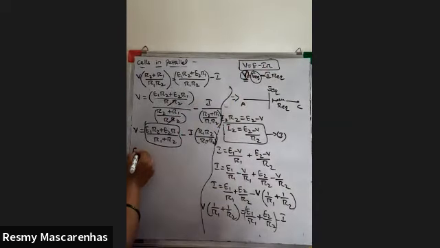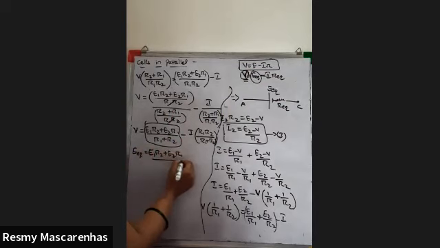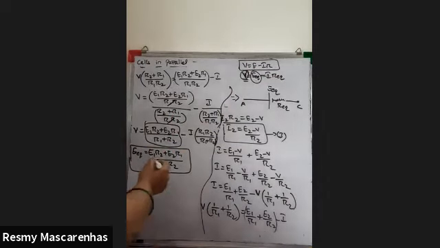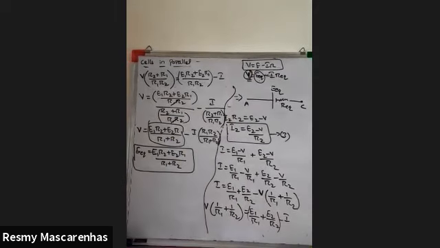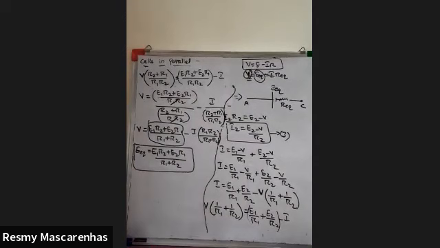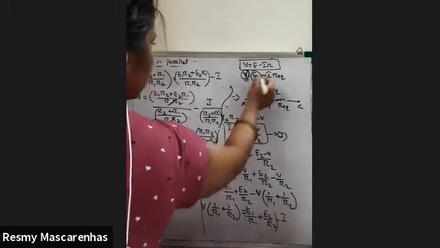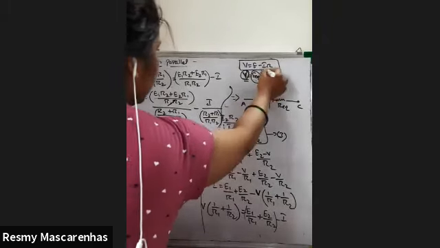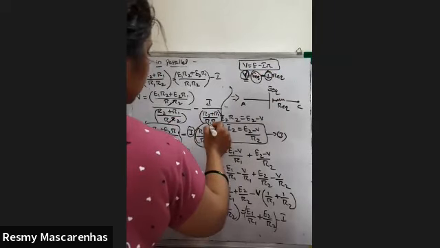So I can say E equivalent is equal to (E1 R2 plus E2 R1) upon (R1 plus R2). So whenever the cells are connected in parallel, how to find the E equivalent? This is the formula: E1 into R2 plus E2 into R1 upon R1 plus R2. Next, we can see a negative sign, we can see I, and then we can see this term.